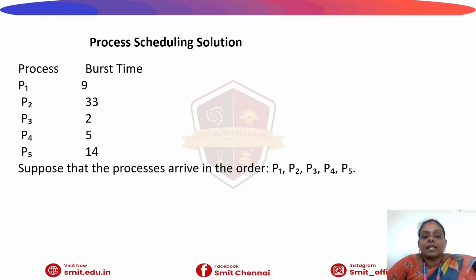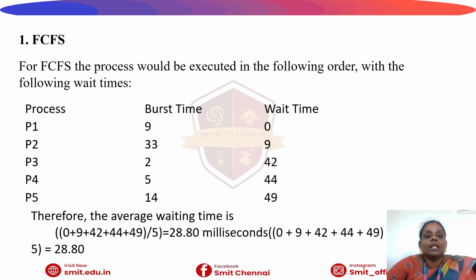Suppose that the processes arrive in the order P1, P2, P3, P4, P5. While applying first come first serve, the processes are executed in the order they arrive. It is simple and easy to implement but causes long waiting time.